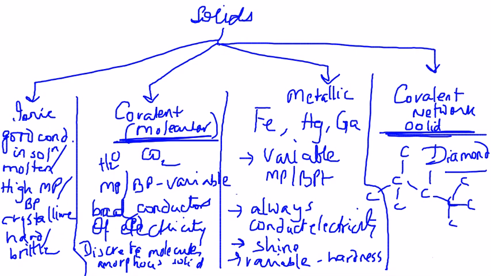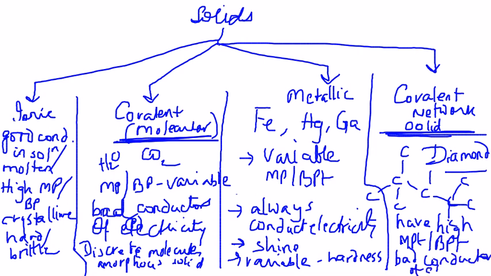Because of that reason, these have very high melting points and boiling points, usually to the tune of 3000 degrees Celsius or so. But these are always bad conductors of electricity.